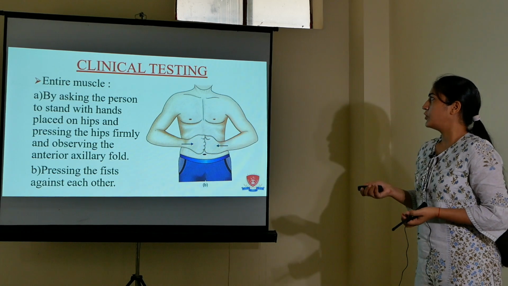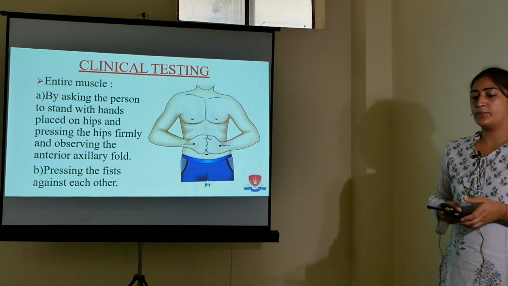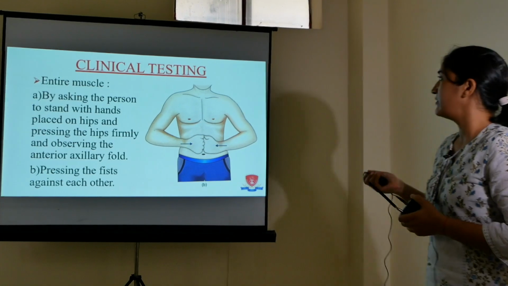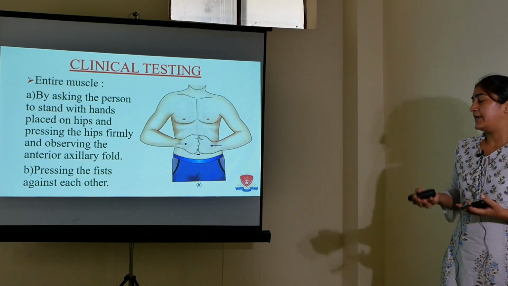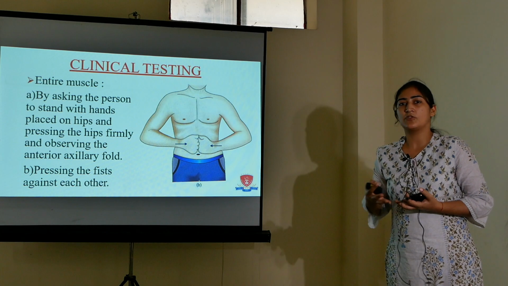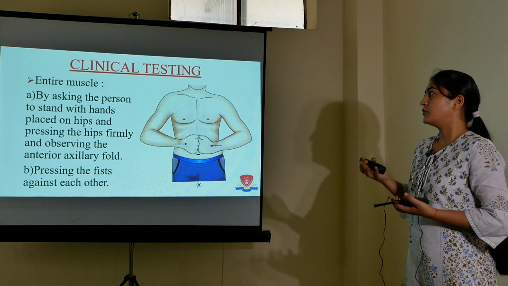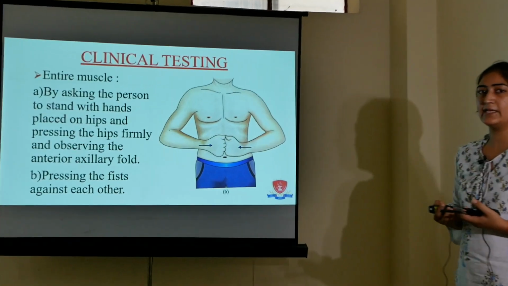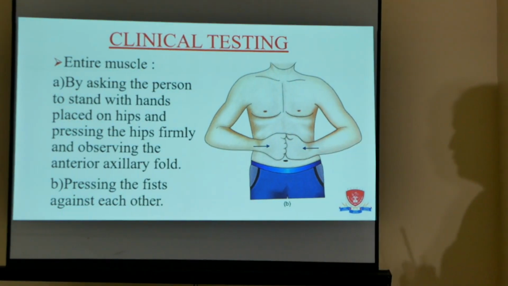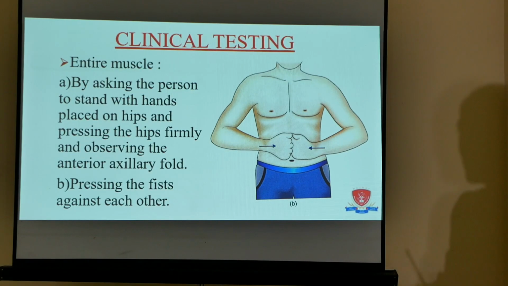Now if you want to test the muscle on the clinical side, if the patient comes to you and tells you there is a weakness in adduction or medial rotation, like he is not able to do some activity, how will you test this muscle? We will tell the patient to make a fist and press against each other.